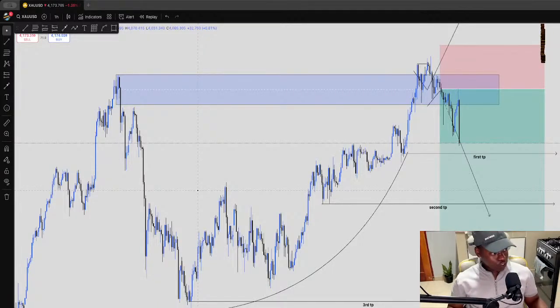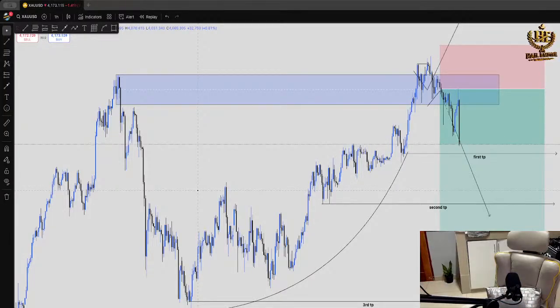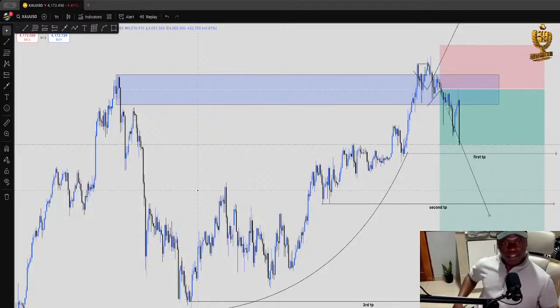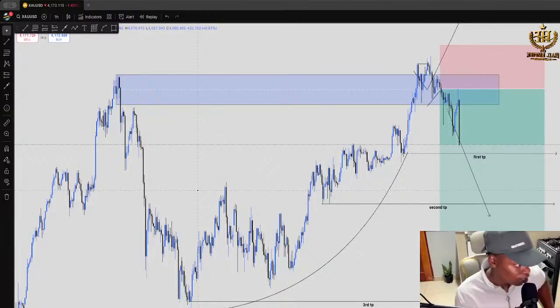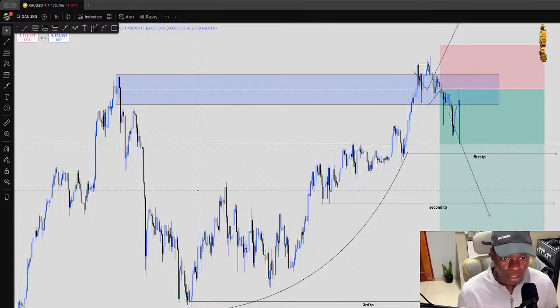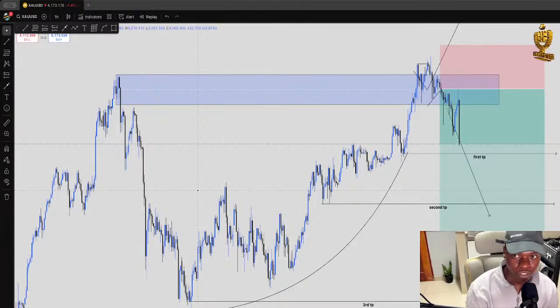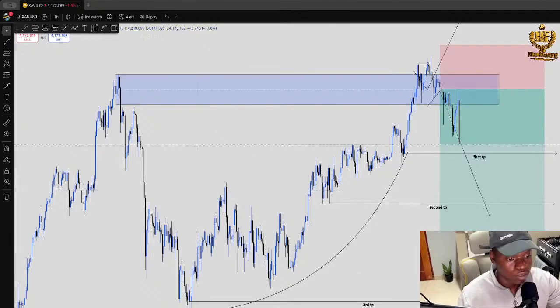It's dropping like potatoes. Let's see if it will hit our TP before the hourly candlestick closes. We're just waiting to see if it will hit the TP before it closes.